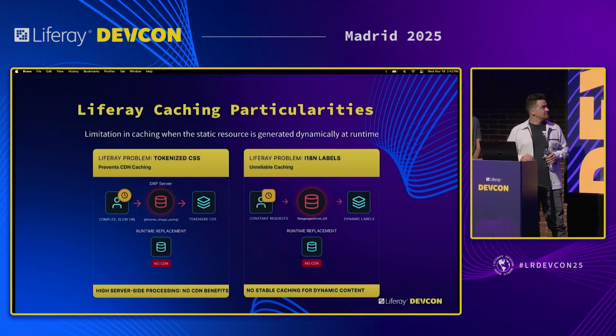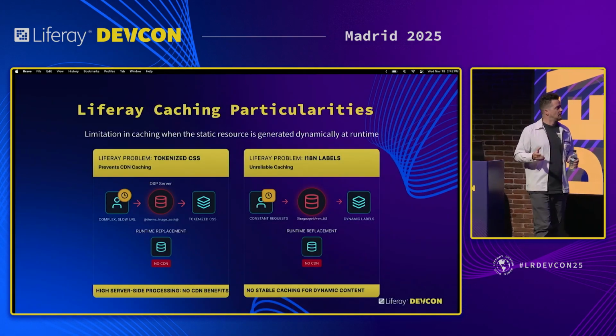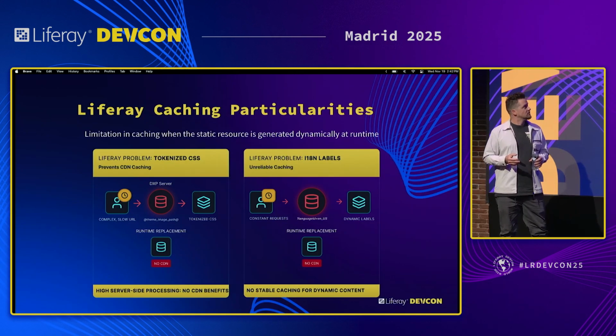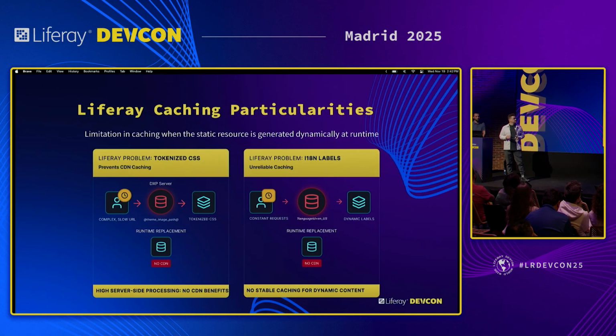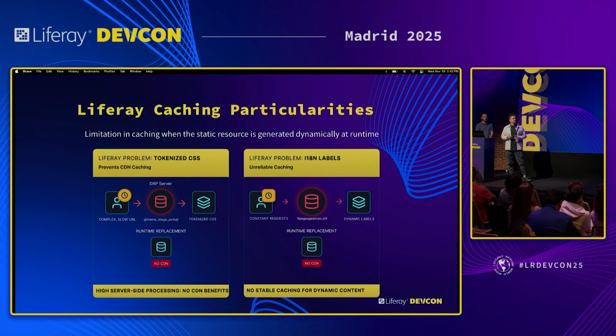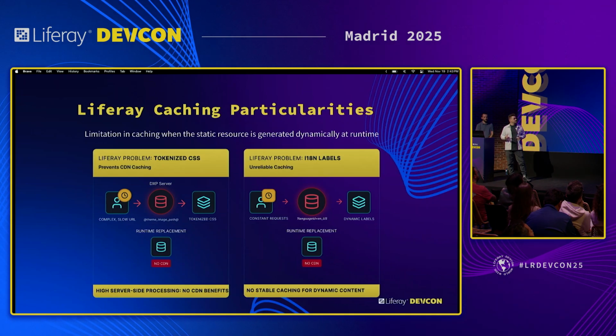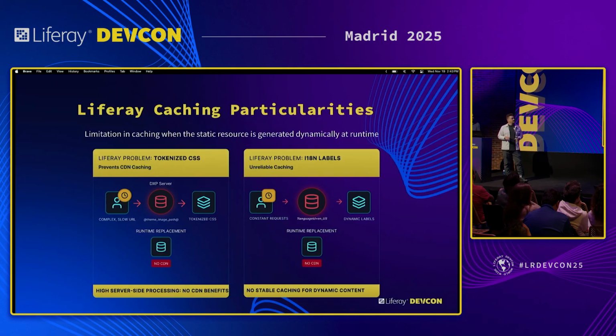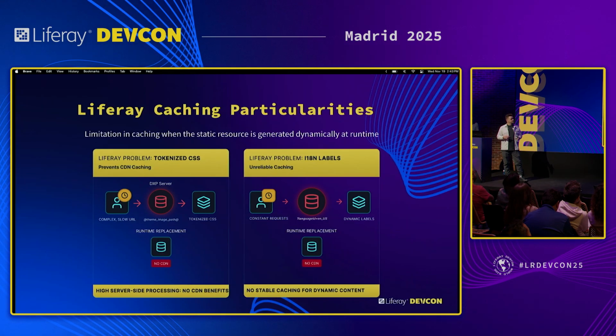And also, apart from the common problems, in Liferay we have some particularities because we have two kinds of files: the tokenized CSS and the JavaScript files that have labels with languages. These files are processed at runtime.